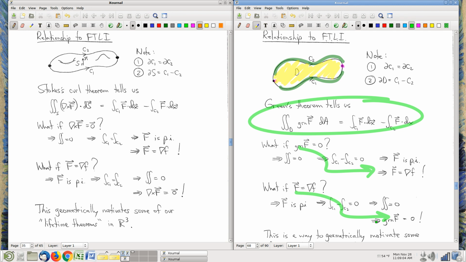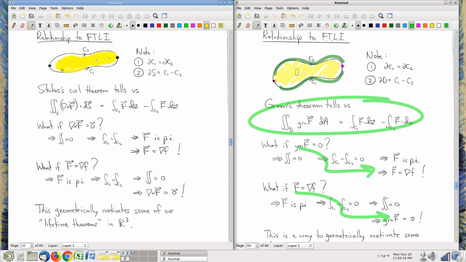So here it is. Let's think about a surface. This is a surface in space, so it's bumpy and wiggly. I could think about points on either side and curves that start and end at those same two points.